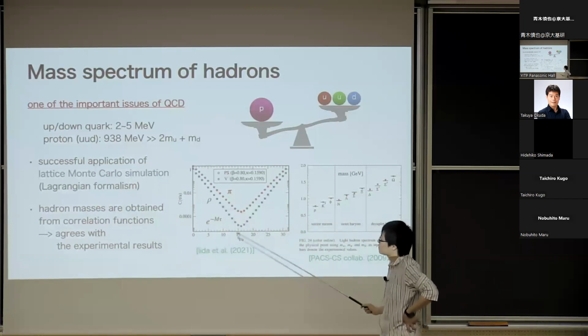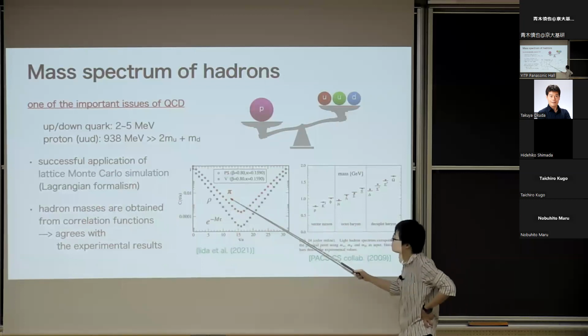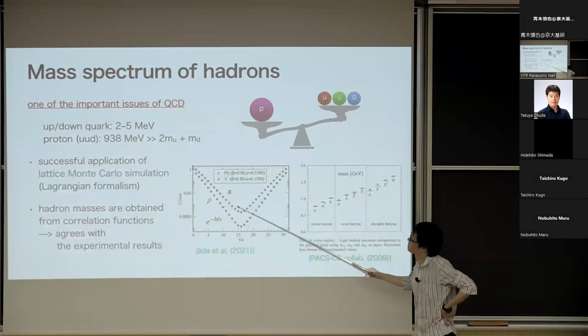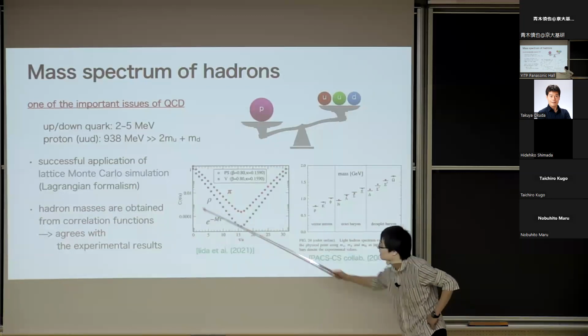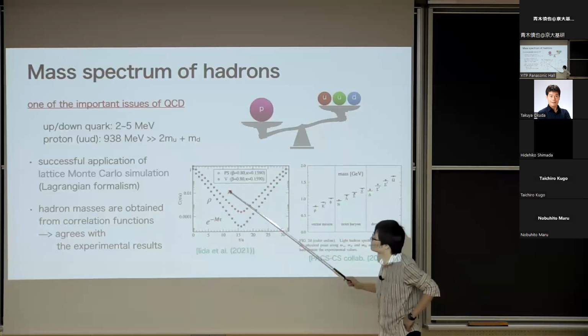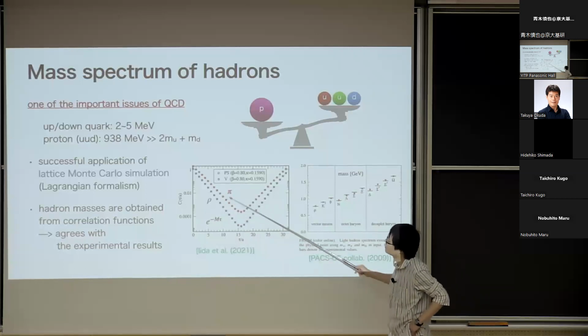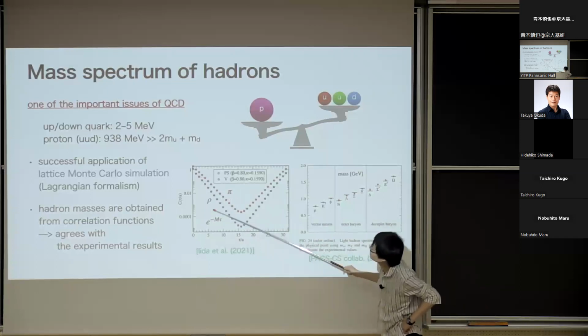We can, for example, measure the correlation function of the pion, which is denoted by this red line. This is a plot of the correlation function against the imaginary time tau. The red line shows the pion result, and the blue dots show the rho meson result.